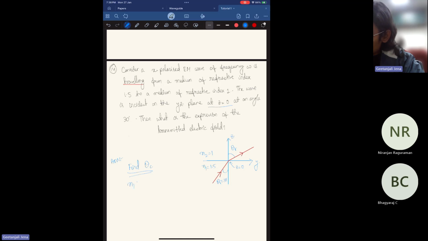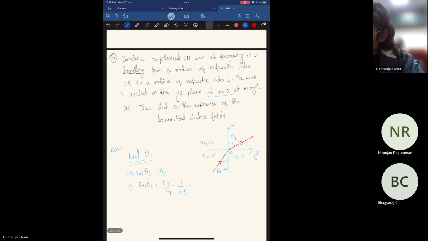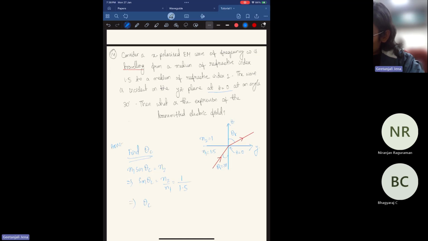So n1 sine theta c will be n2. So sine theta c is n2 by n1, where n2 is 1 and n1 is given as 1.5. So theta c is sine inverse of 1 by 1.5, which comes to around 42 degrees.